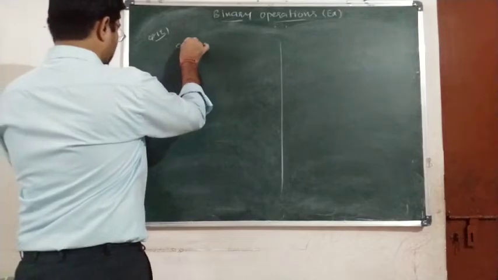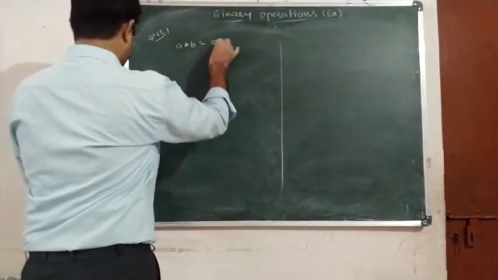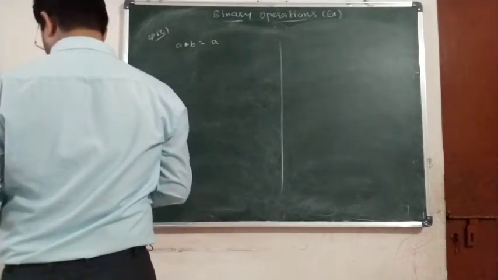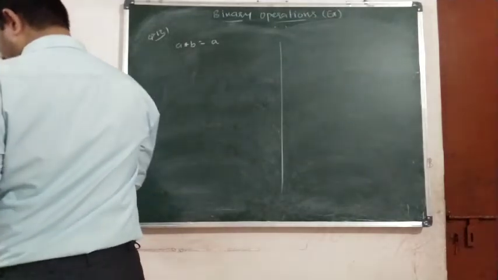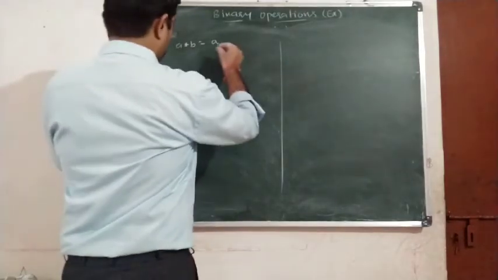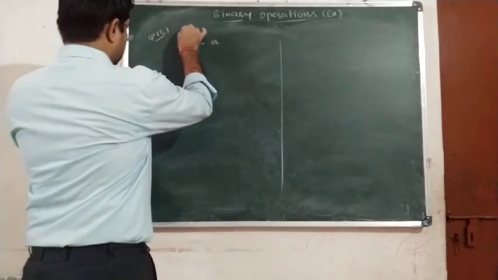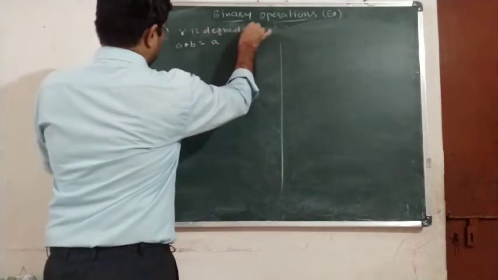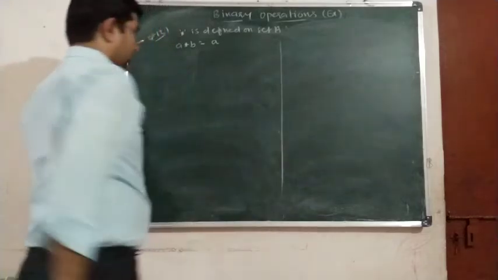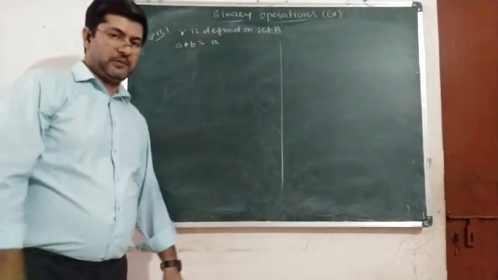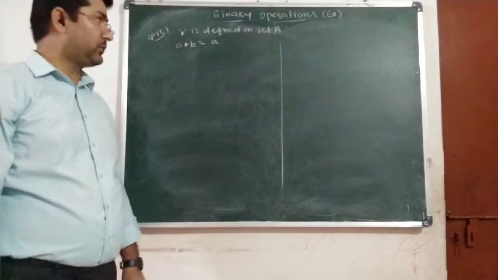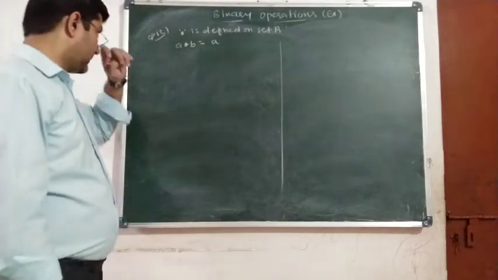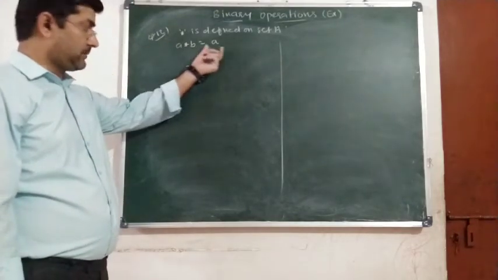You are given a binary operation defined by A asterisk B is equal to A for all A, B in set A. The operation asterisk is defined on set A, where set A is a non-empty set containing more than two elements. It is given in the question. Okay, so the operation is defined by A asterisk B is equal to A.